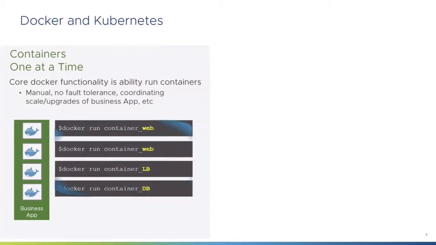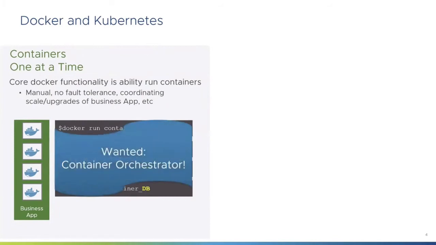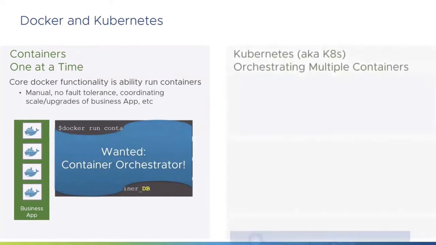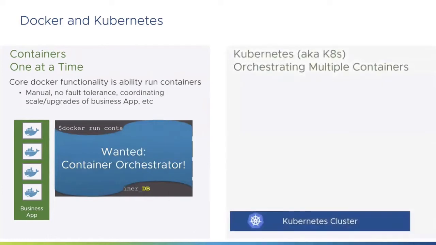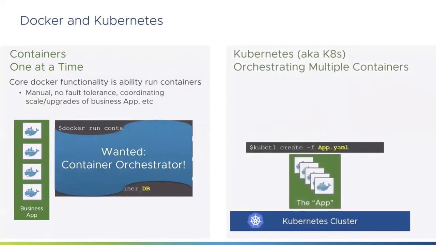And so what we saw very, very quickly after containers took off is that there was a need to be able to orchestrate multiple containers and provide some sort of resiliency. And so that's exactly where Kubernetes comes into play. If I have a Kubernetes cluster, what I do is that not only do I define the containers that I want running, but I also define all the unique things that they may need, the quantity, how the services are presented to the external world, and so forth.